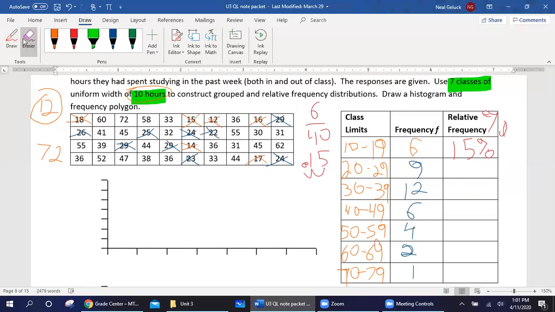Then I would do the same thing with the 9. 9 out of 40 gives me 0.225. Move the decimal place over twice, and I've got 22.5%. And I would just keep doing that with all the numbers. 12 out of 40, 6 out of 40, so on and so forth, and you'll get the corresponding percentages.